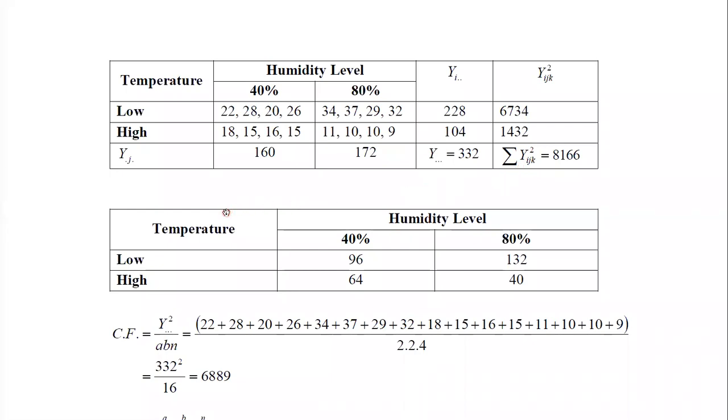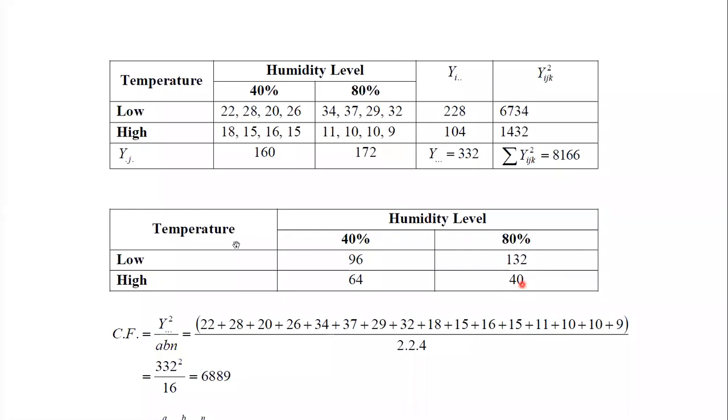And then in the next table, I have obtained the totals for the combinations. Here you can see four values are included in the low level of temperature and 40% of humidity. Therefore, the total obtained was 96. Likewise, I have obtained the combination totals: 96, 183, 64, and 40.